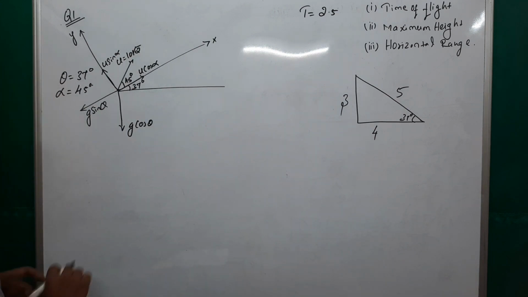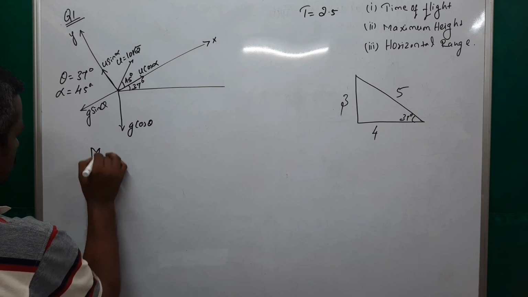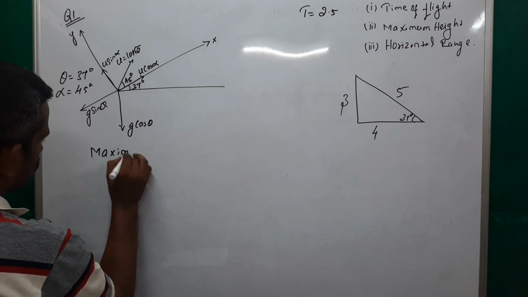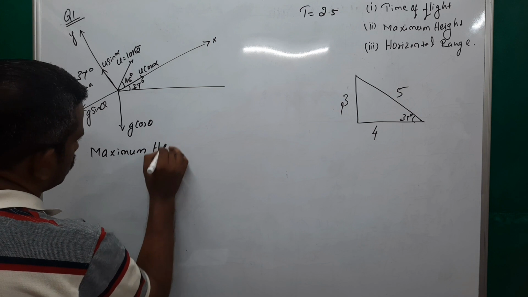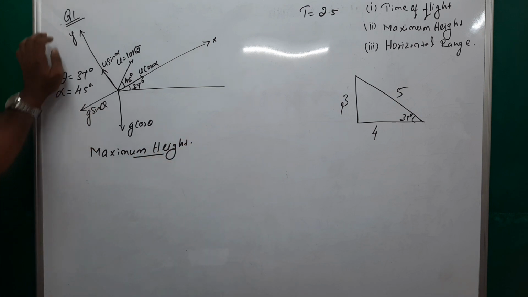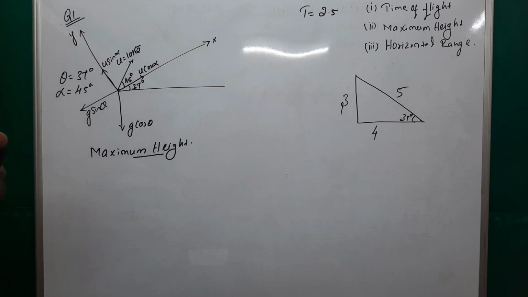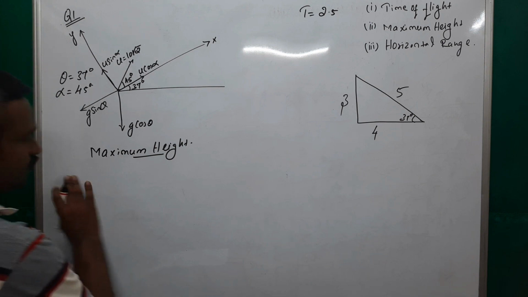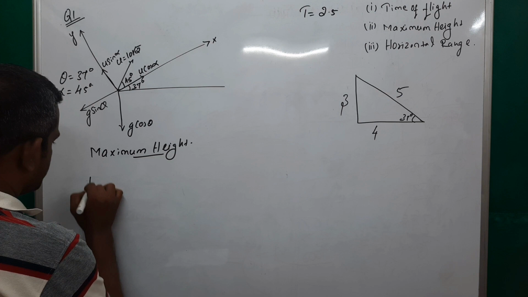Maximum height. So for maximum height, what is the formula? That is h max.